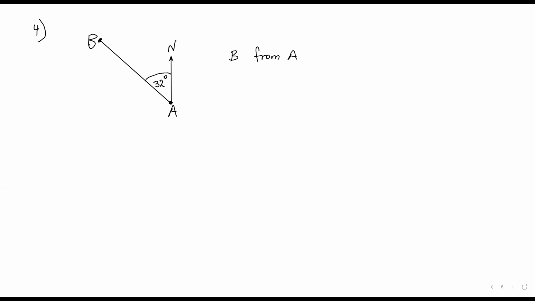The reflex angle, right? So you have two angles here. You have one angle here, the outside, that's the clockwise one, and then you have this 32, which is anti-clockwise. So it would be 360 minus 32. That's right. So the bearing of B from A here is the reflex angle at A, and the reason is that it's your clockwise angle.